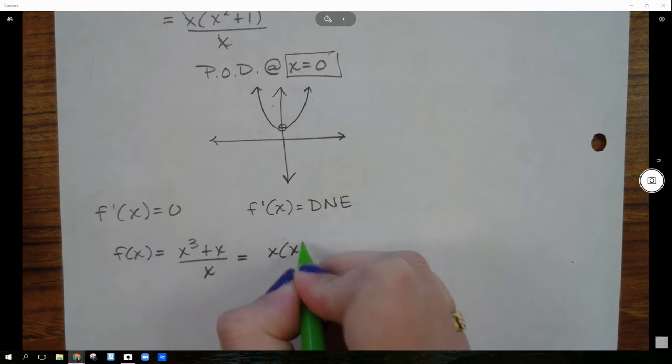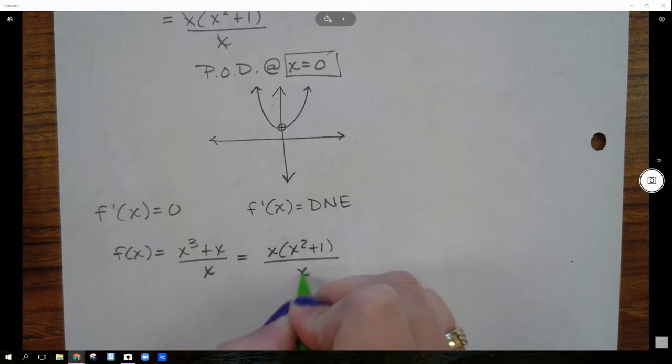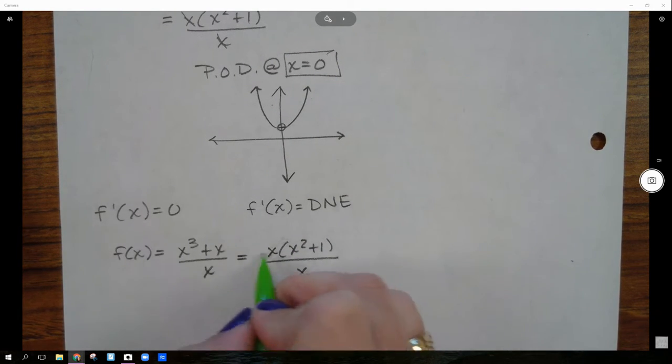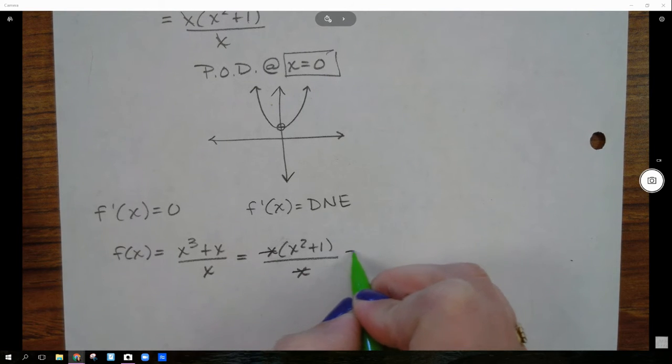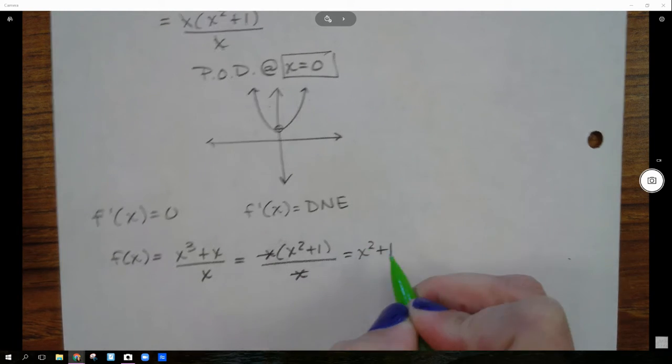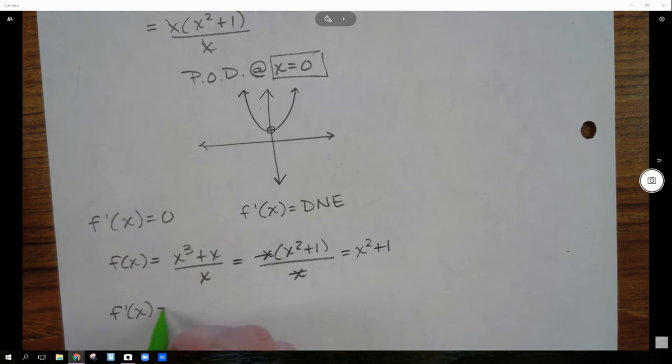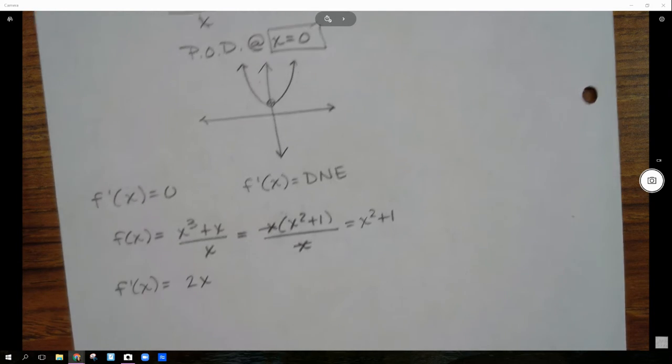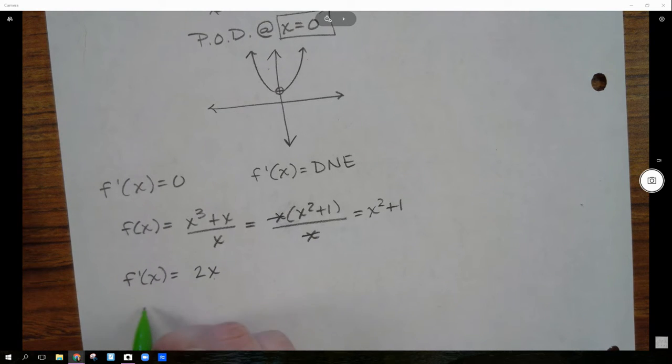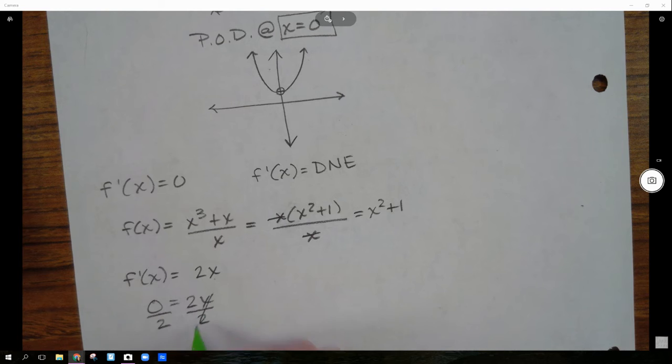So you're left with x squared plus 1. If I take the derivative of that, your derivative is going to be 2x. Now we're going to set this equal to 0. So 0 equals 2x, divide by 2.